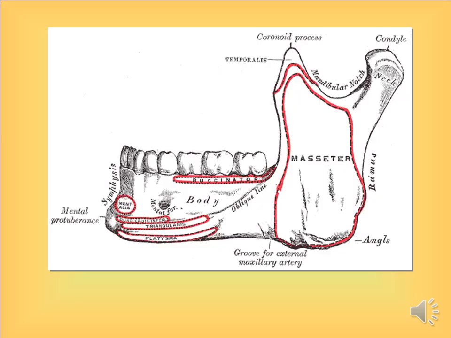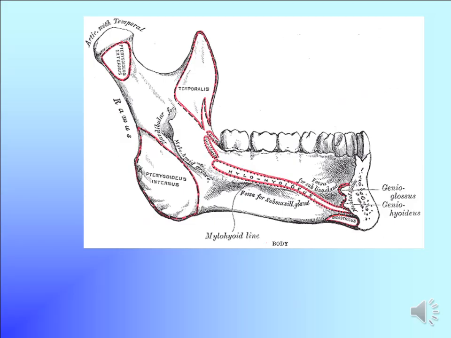The muscles of facial expression and the muscles of mastication all have origin or insertion on the mandible. From the medial surface, we have the body. The main landmark is the mylohyoid ridge, which starts from the symphysial region and goes upward and posteriorly until it reaches the anterior border of the ramus.